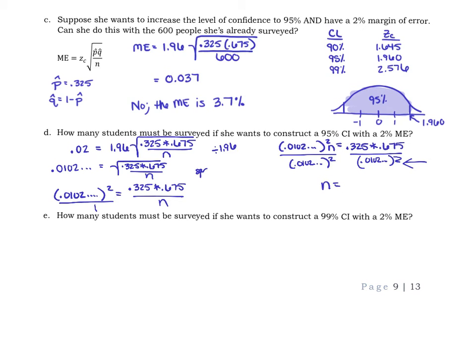If you hit second on your calculator and then the negative button, right above the negative it'll say ANS in little tiny letters. That's copying and pasting that last answer into your calculator, and you will get that n is 2106.8775. That tells you how many people we need to survey.